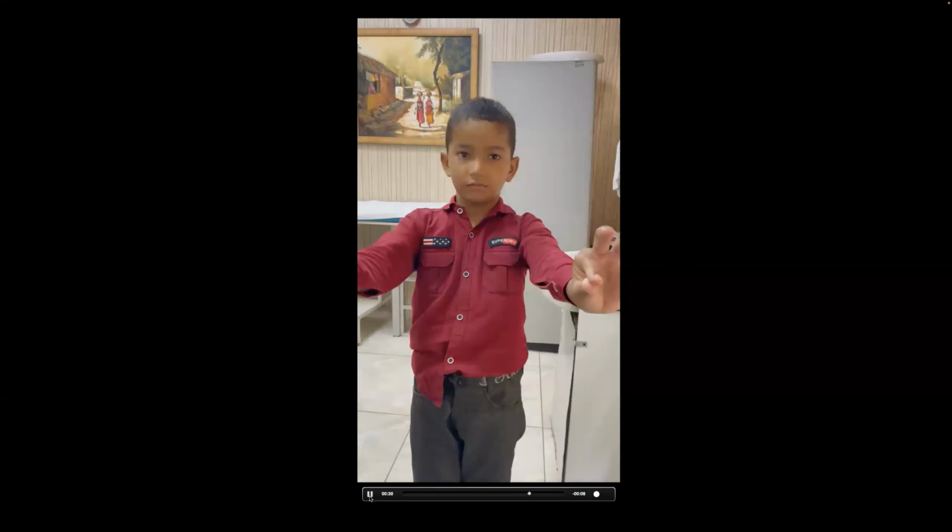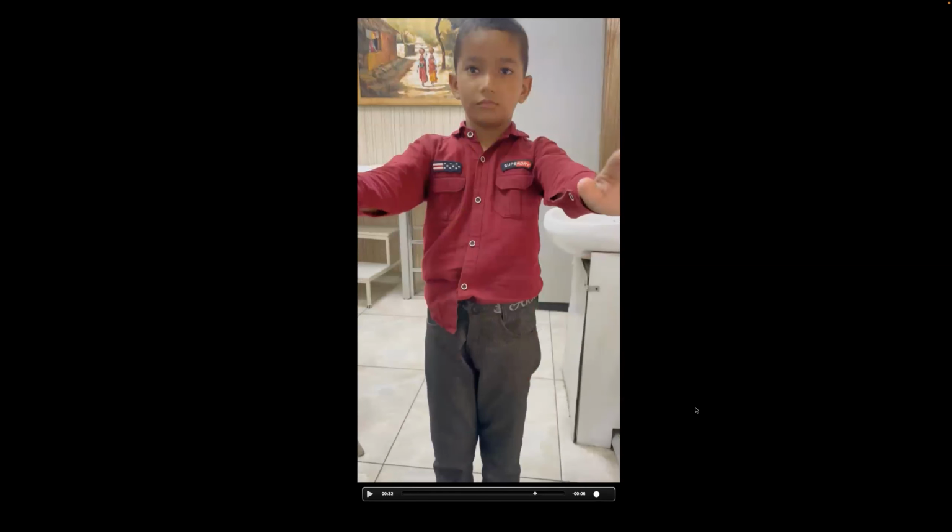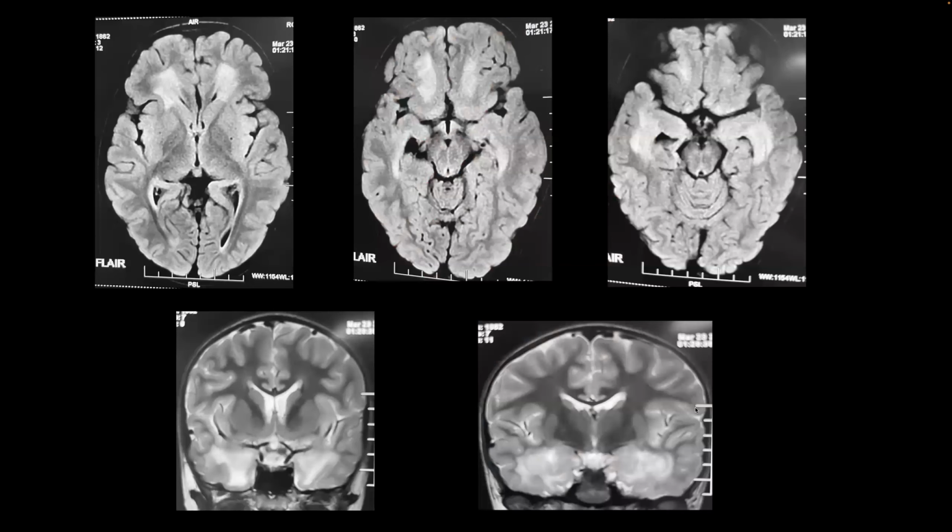Okay, so he had an MRI done 2 years back. At that time, I didn't know what I was looking at. I didn't have much of a differential. These are images from outside showing a predominantly white matter involvement around the frontal lobes, with both the temporal lobes being involved.